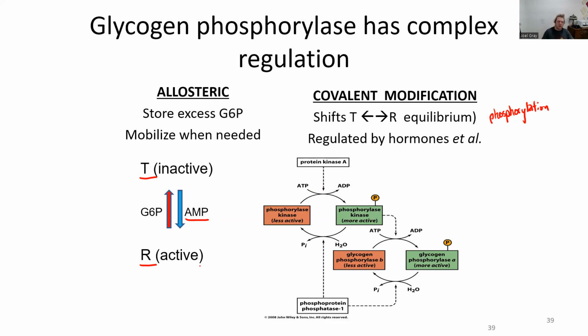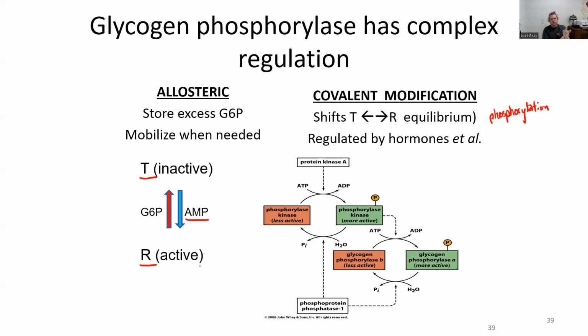It is a heterotropic effector that is going to lead to the formation of the T state of glycogen phosphorylase. So the T state and the R state of glycogen phosphorylase. If we're talking about it being the R state, then you can expect glucose 1-phosphate being generated, glycogen chains being broken down.